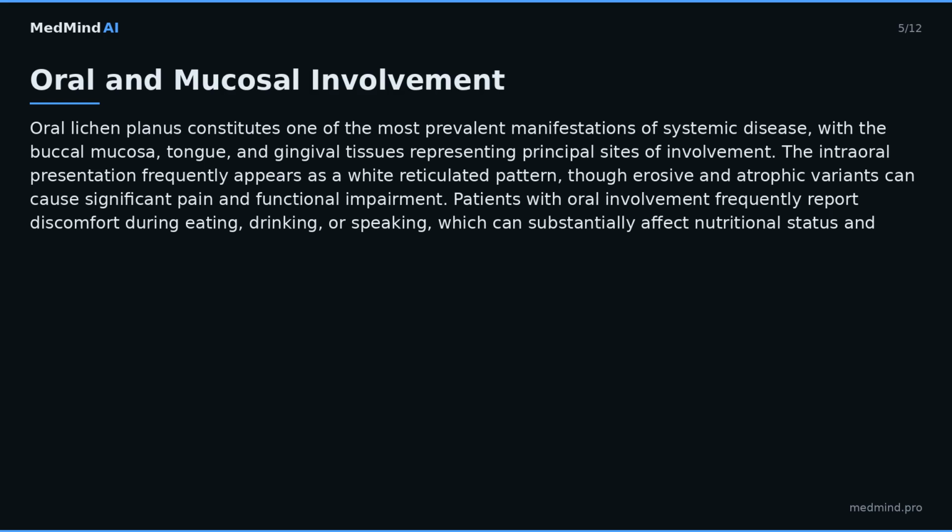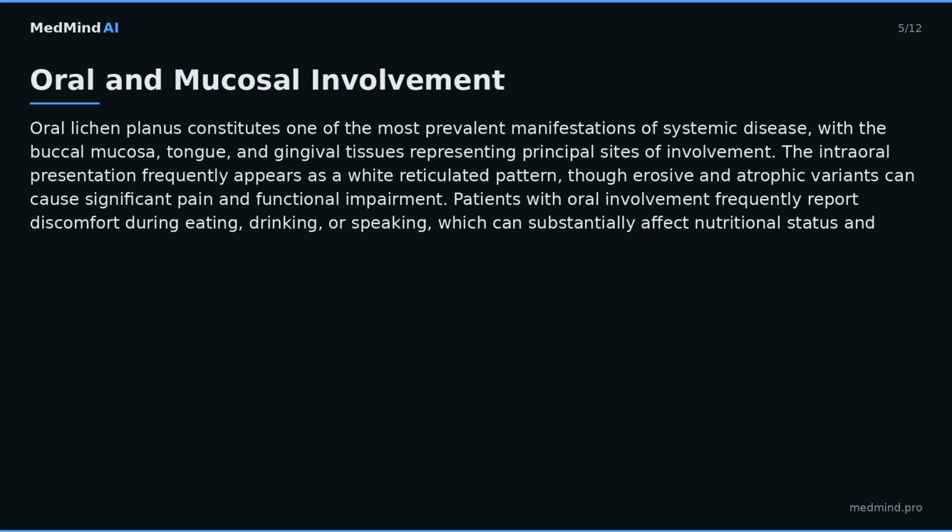Oral and mucosal involvement. Oral lichen planus constitutes one of the most prevalent manifestations of systemic disease, with the buccal mucosa, tongue, and gingival tissues representing principal sites of involvement. The intraoral presentation frequently appears as a white reticulated pattern, though erosive and atrophic variants can cause significant pain and functional impairment.